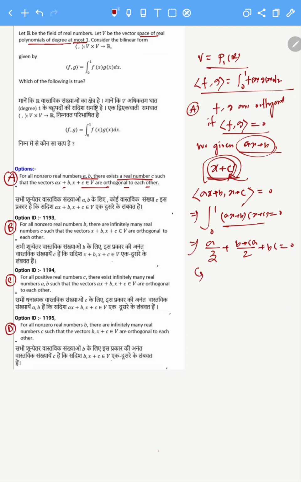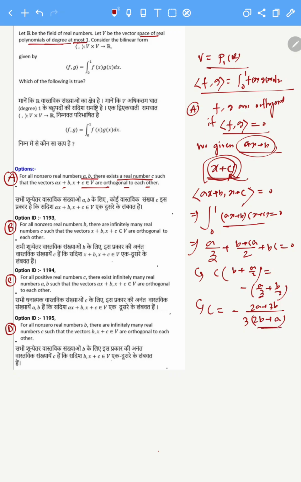If we take c common, c times (b plus a over 2) equals minus (a by 3 plus b by 2), so c equals (2a plus 3b) over 3 times (a plus 2b).